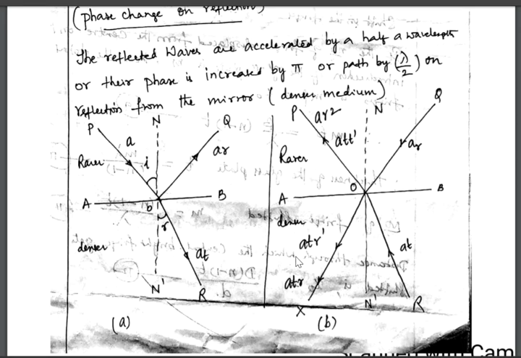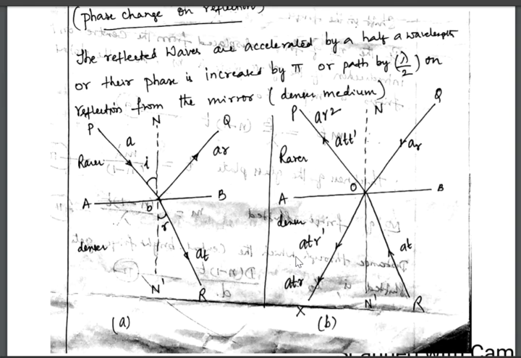And the transmitted part into the rarer medium is AT into T dash, where T dash is the transmission coefficient from denser to rarer medium. Similarly, if you reverse AR along QO, it will undergo reflection. AR into R, that is AR square, is the reflected part in the rarer medium, and the transmitted part is AR into T, ART.